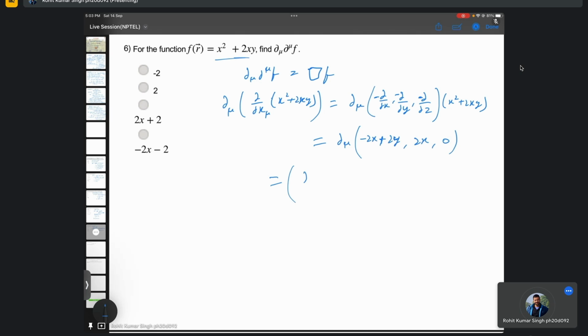Now this we can write component wise as this, applied on 2x plus 2y, 2x, 0. Okay.